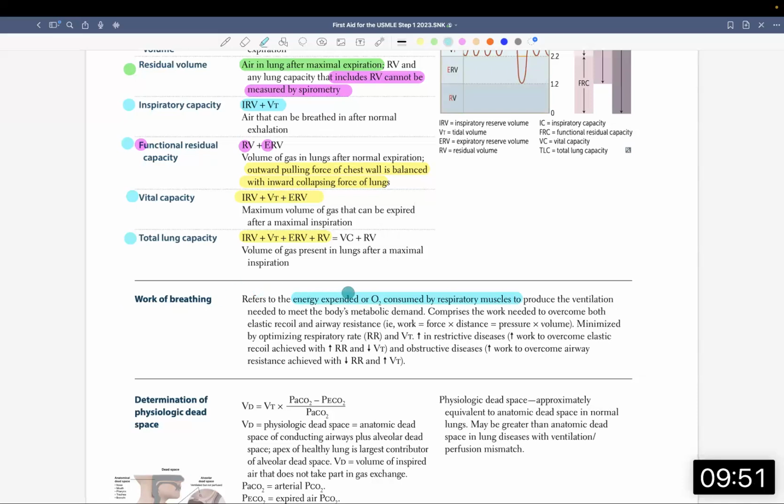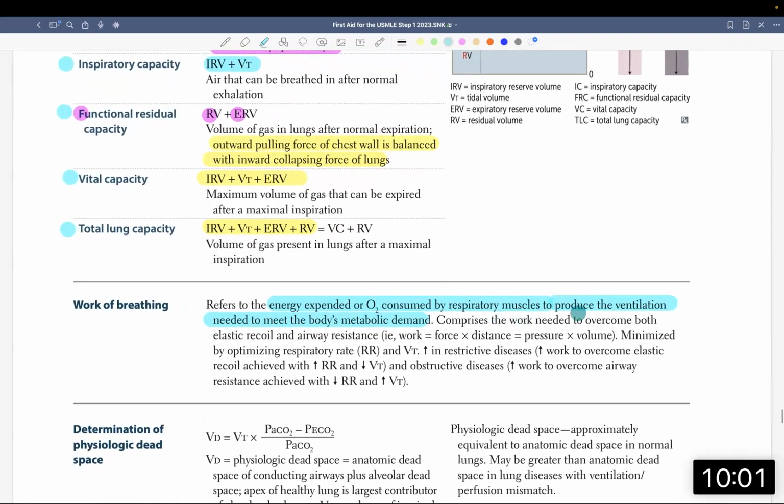It comprises the work needed to overcome both the elastic recoil and the airway resistance.